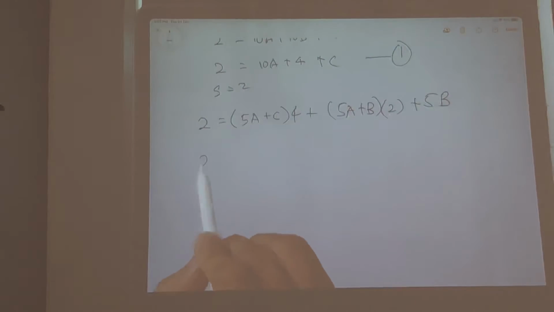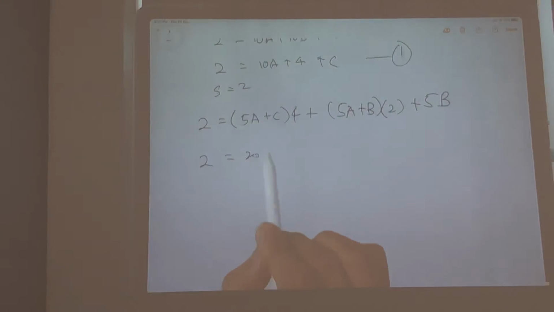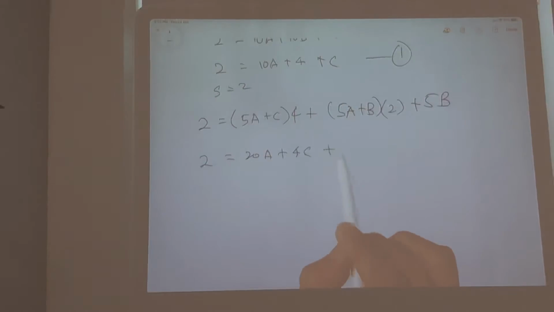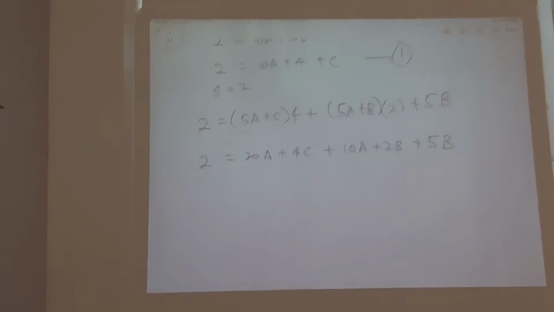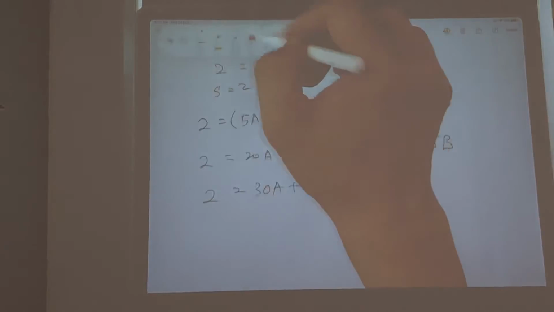And if I solve it, 2 equal to 20A plus 4C plus 10A plus 2B plus 5B. Okay? And this equal to 20 plus 10 is 30A plus 4C. 2 plus 5 is 7B. Okay? I know the B value is... sorry, I did some mistake here.